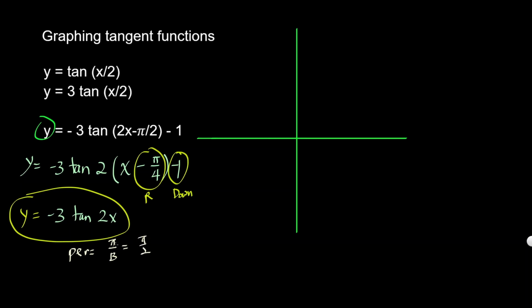Okay, since period is pi over 2, again, same thing. I'm going to imagine, since we're graphing this before we do any translation, 0, 0, and then halfway, half of the period, which is pi over 4 now. And then left side, pi over 4, negative. And then I want to break it into 4 parts here. Okay, so pi over 4 times 1/2 will be pi over 8 here. And this will be negative pi over 8.